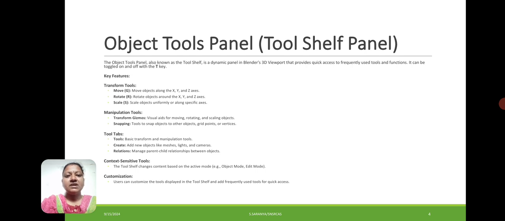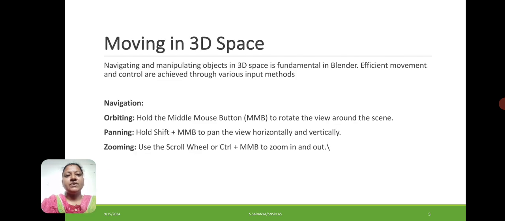Next is relations. Manage parent-child relationships between the objects. Context sensitivity. The tool shelf changes content based on the active mode, for example object mode, edit mode. Customization. Users can customize the tools displayed in the tool shelf and add frequently used tools for quick access.